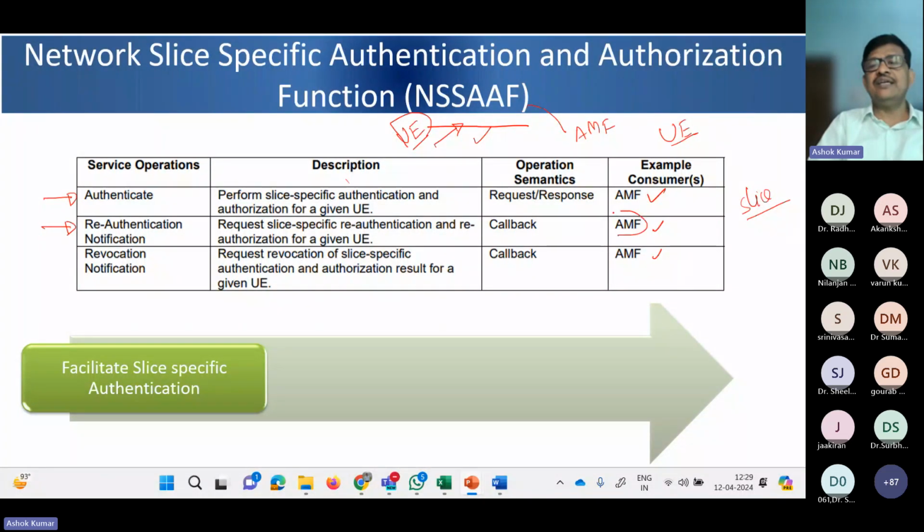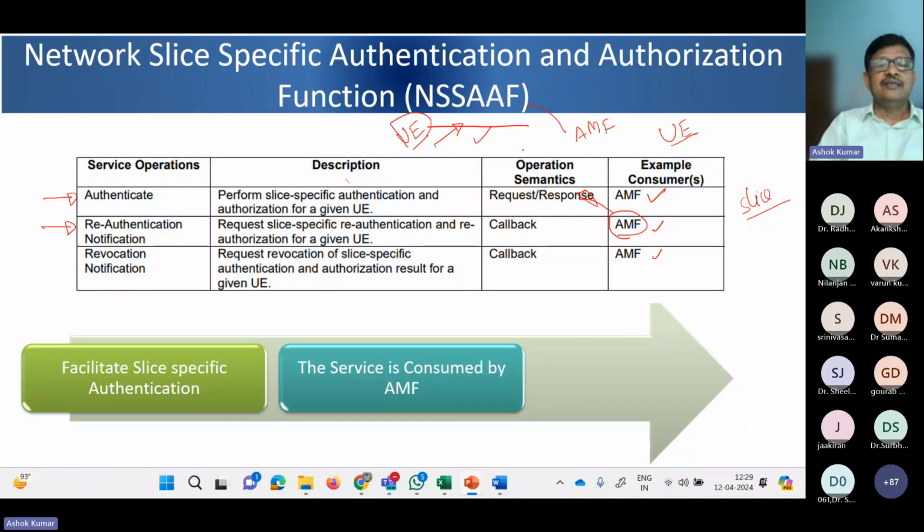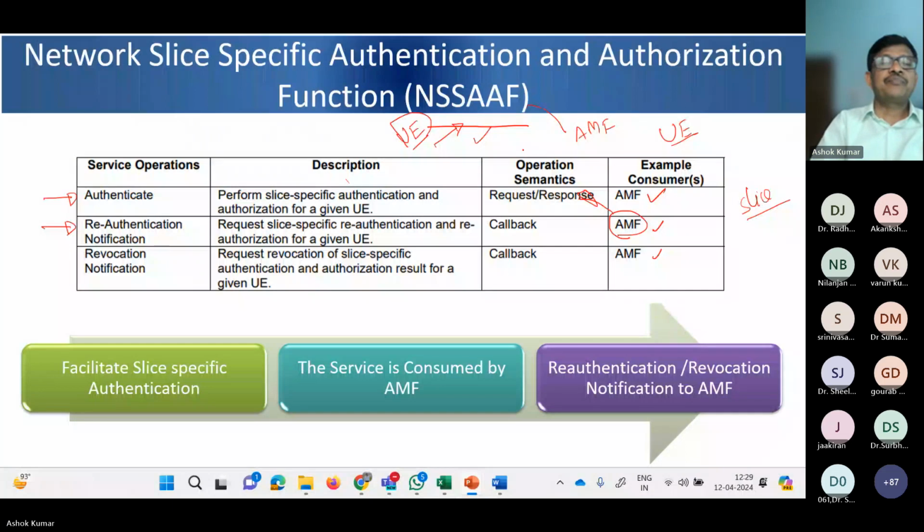So the AMF again initiates the slice specific authentication using this request response which this NF offers. Sometimes it is also possible that authentication is to be revoked.